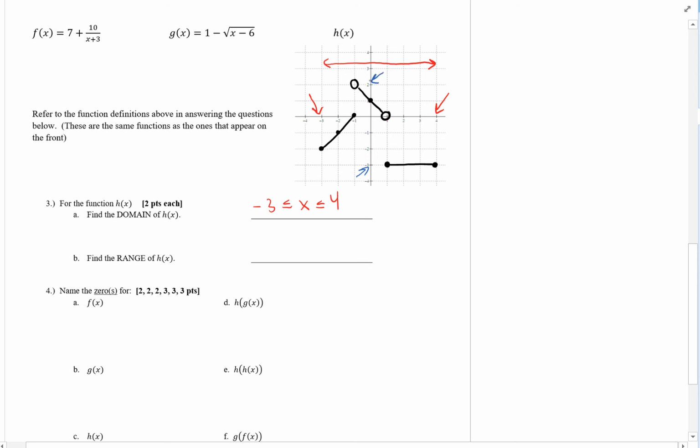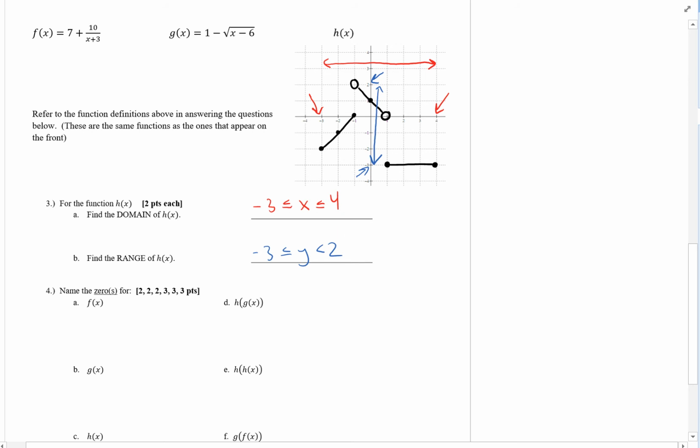However, it is an open circle, so the y value can't equal 2, but it can go just less than 2. So, with this in mind, I'm going to say that -3 is less than or equal to y, which is less than 2. Not less than or equal to, because this is not a filled circle. It can approach 2, but it can never equal it.